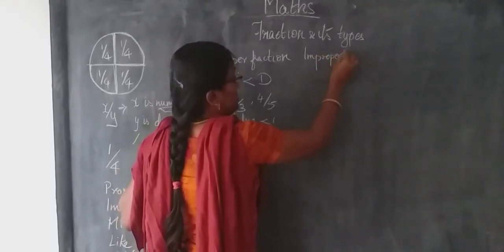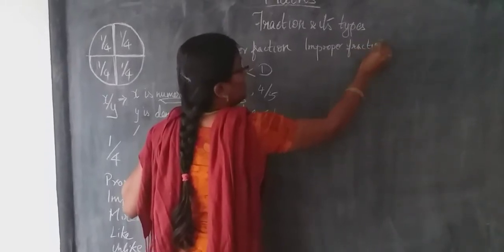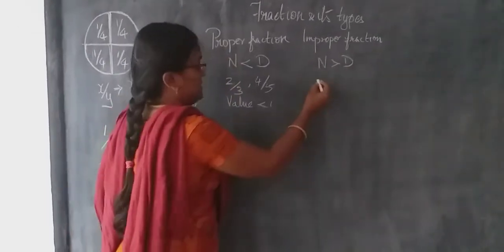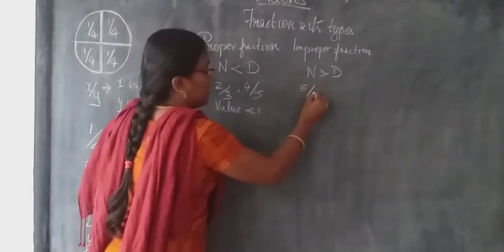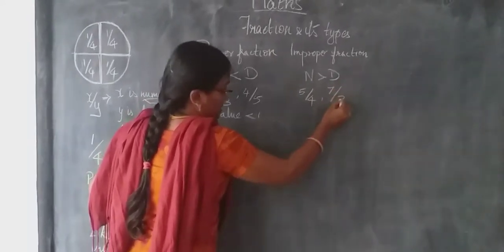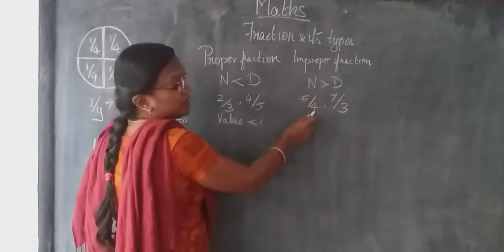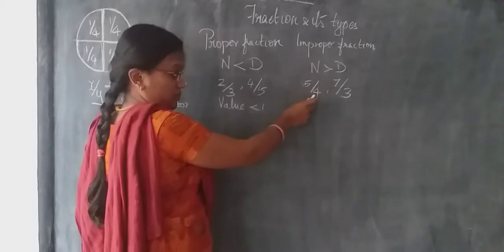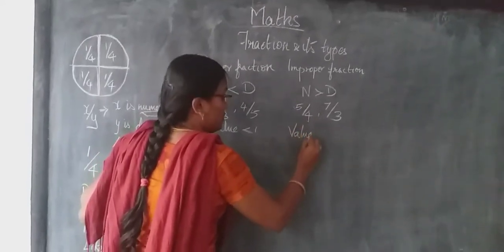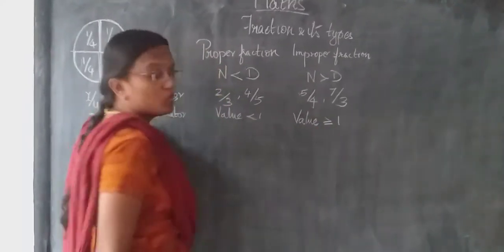An improper fraction is one in which the numerator is greater than the denominator. Examples: 5 bar 4, 7 bar 3. Here the numerator is greater than the denominator, so this is called an improper fraction. The value of an improper fraction will always be greater than or equal to 1.